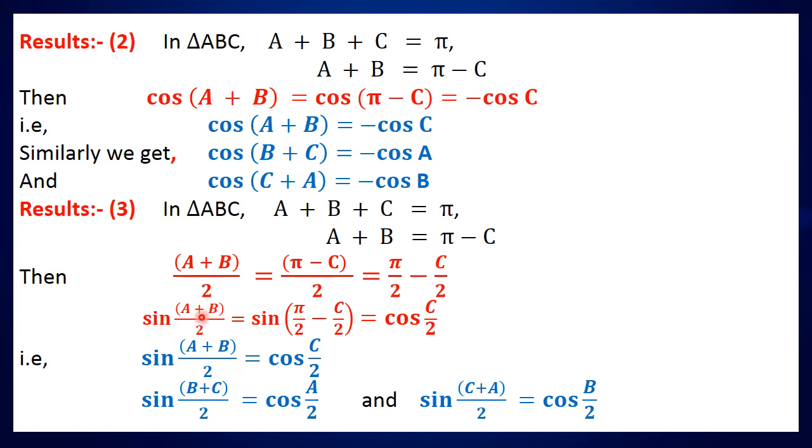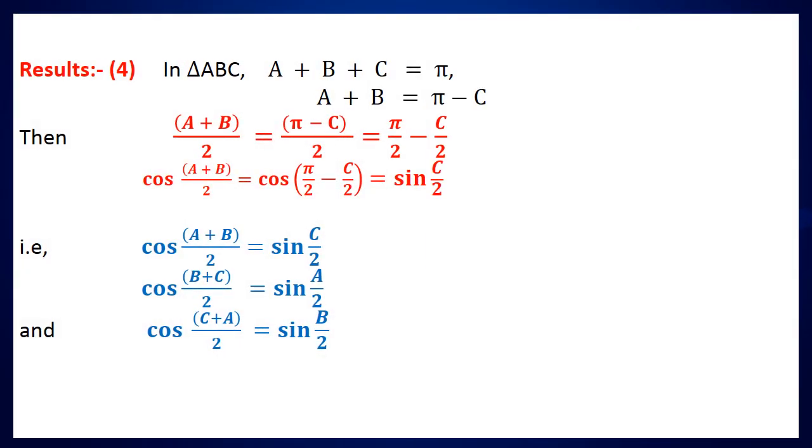That is sine of A plus B by 2 is equal to sine of pi by 2 minus C by 2, which is equal to cos C by 2, that is of the form sine of pi by 2 minus theta or sine of 90 minus theta, that is cos theta form, that is cos C by 2. So we can write sine of A plus B by 2 is equal to cos C by 2. Similarly we form sine of B plus C by 2 is equal to cos A by 2 and sine of C plus A by 2 is equal to cos B by 2.